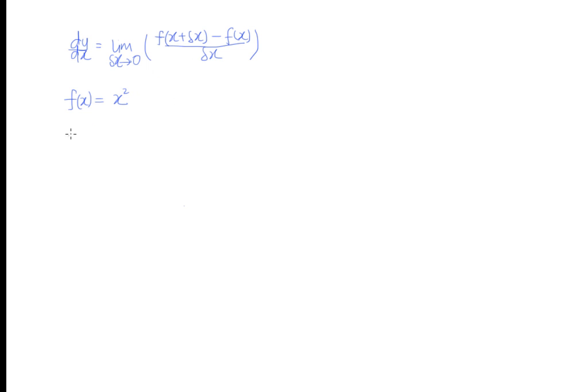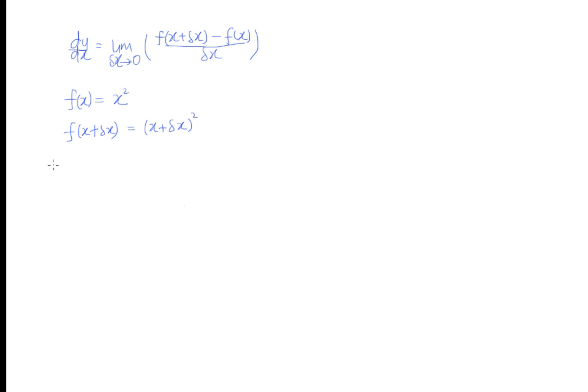Well, let's try to use this formula. According to this formula, we need to first of all establish what is f(x plus delta x). It's not that difficult to understand that f(x) equals x squared, so f(x plus delta x) will naturally become (x plus delta x) squared.